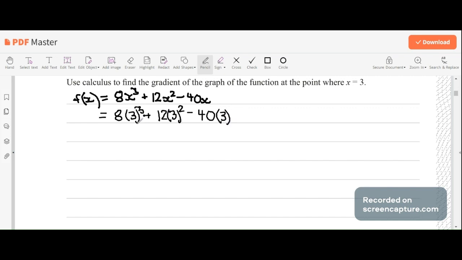Okay, so this first one is going to equal 8 times 27. You can obviously put this into your calculator, I like to do it in my head because it's fun. Plus 12 times 9, and then minus 120.